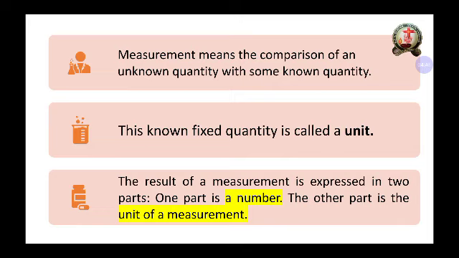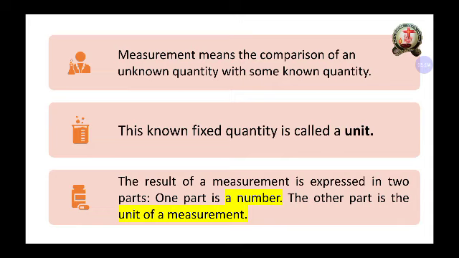If we get 20, and you are measuring with an inch tape, we fix the unit as inch. If you are measuring using a meter scale, we fix the unit as meter. Whichever scale or mode of measurement you are using, we are supposed to fix that unit. And what is the third thing we discussed?